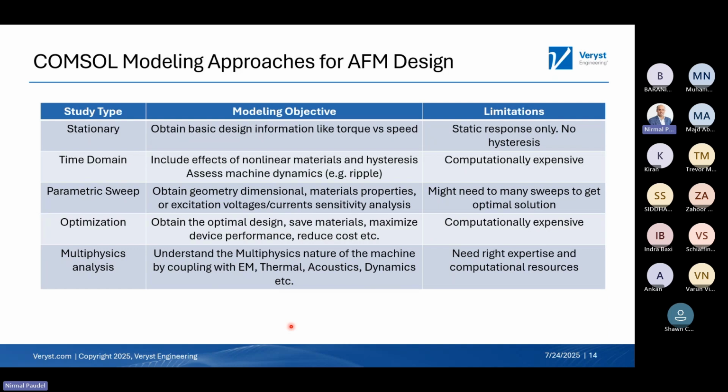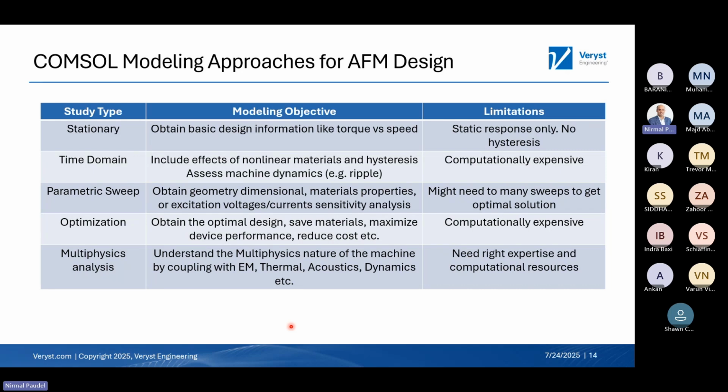So it's always helpful to do the parametric sweep on certain things so that from the large modeled region, we can narrow down to the few parameters that are more sensitive to the design and focus on the optimizations on those critical parameters later on in the optimization study.